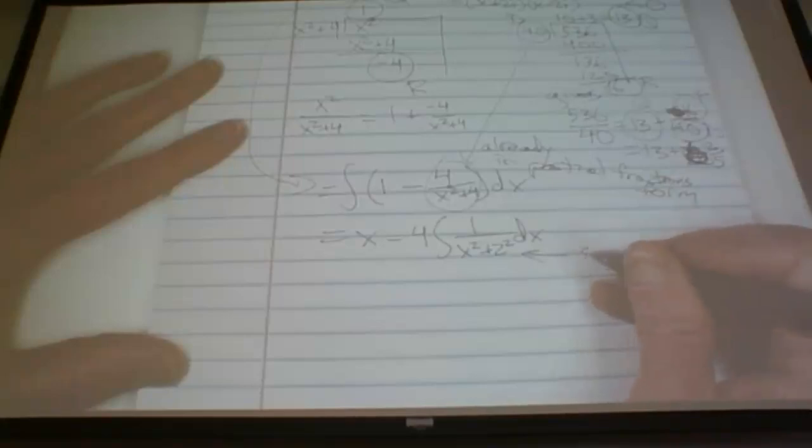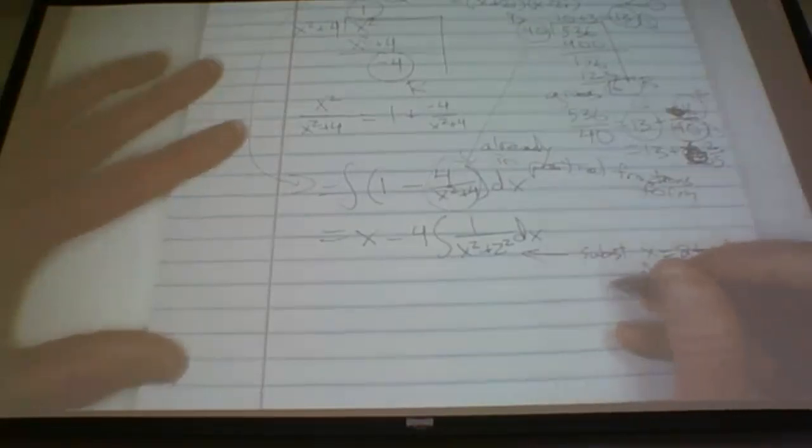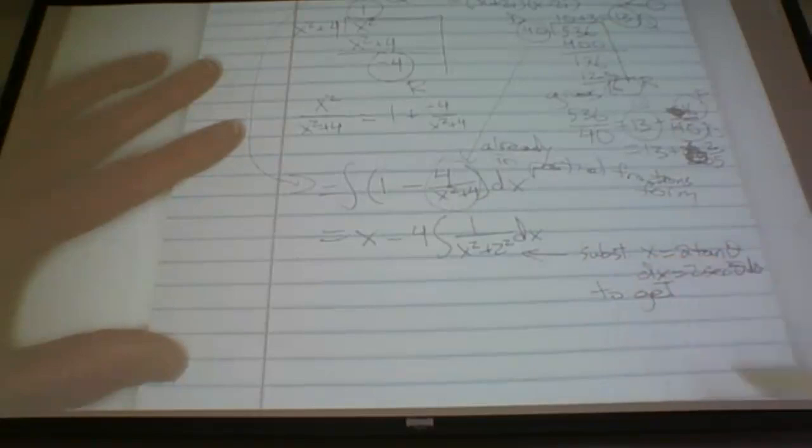So there is a square root of x squared plus 2 squared in there. I could substitute x equals a tangent theta, which is 2 tangent theta. And this will work, dx being then 2 secant squared theta d theta, and it will be an integral we can do with the triangle.